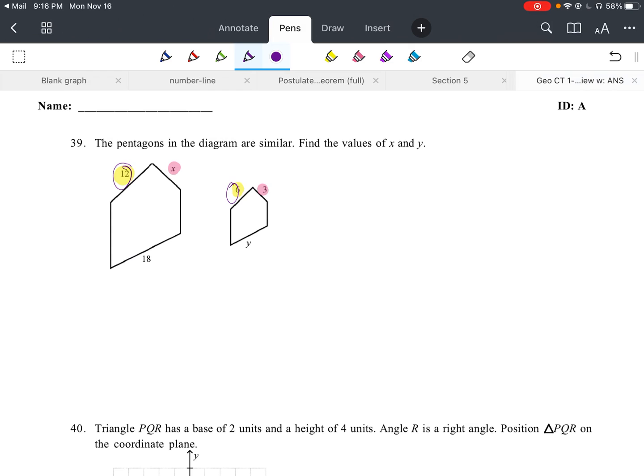So x equals 6. And y is half of 18, so that's 9. But to set up a proportion, it would be 12 is to 6, just like x is to 3. Cross multiply and solve.